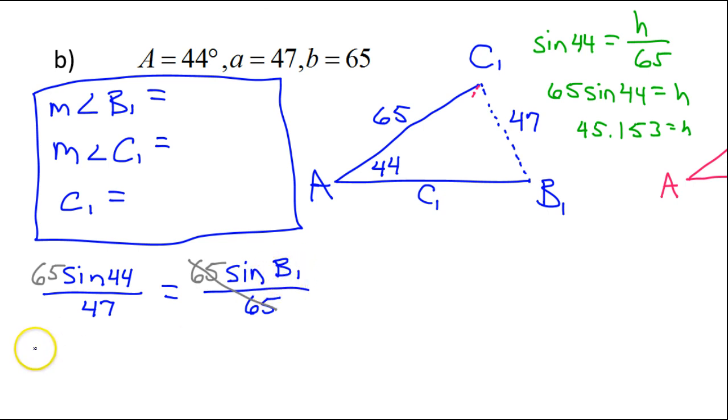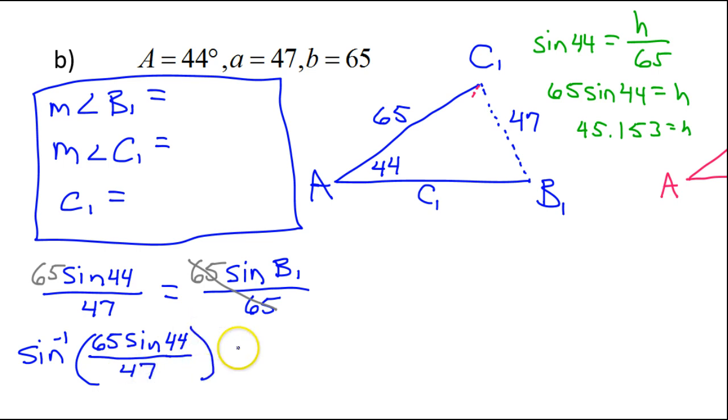To get the angle, I do the inverse sine of all of this. And that should give me the measure of angle B1. So I'm just going to put all of this in my calculator at once. I got 73.883.